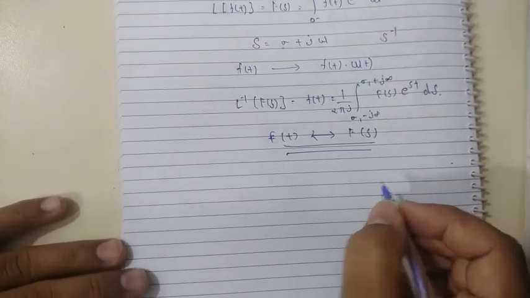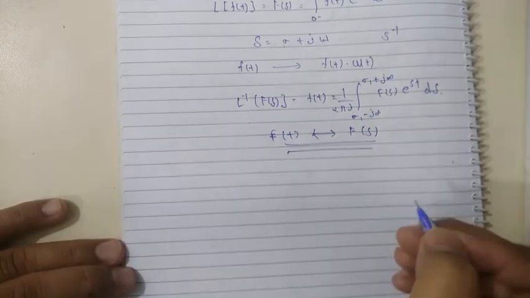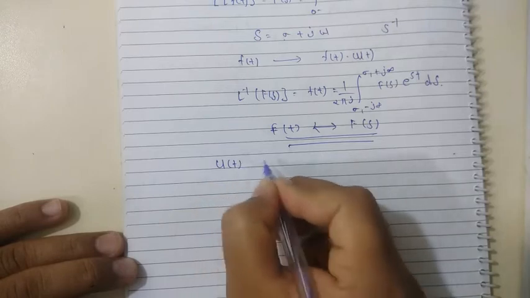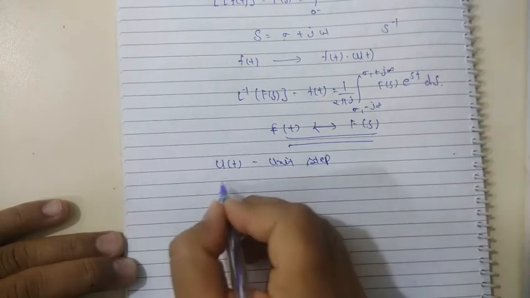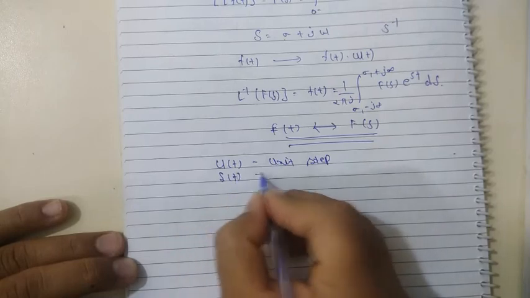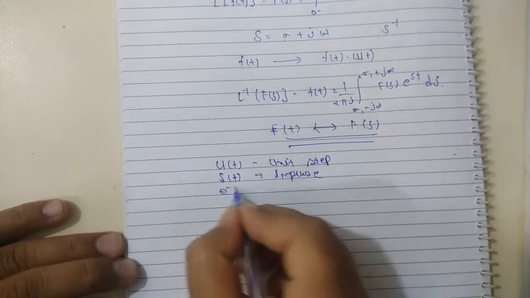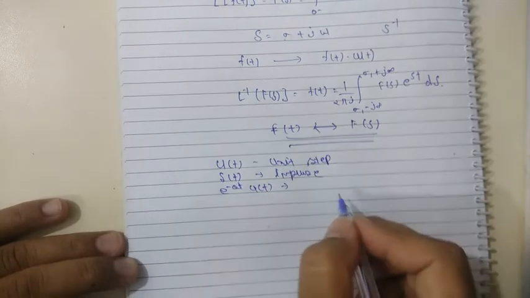Let's start with some examples to understand how we get the Laplace transformation of some common signals. We will use very common signals like u of t, the unit step signal, delta t, the impulse, and e to the power minus at u of t, the exponential decay function.